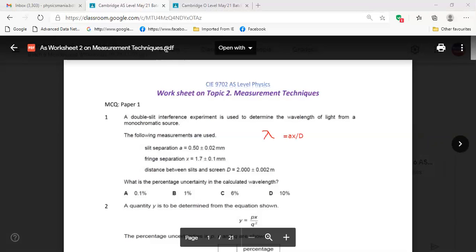Sir, my answer comes in a weird way, sir. 0.0468 and more. Maybe check if you did any digits wrongly or not.